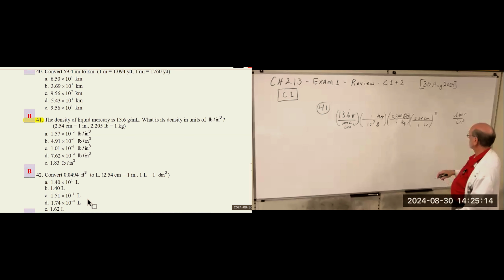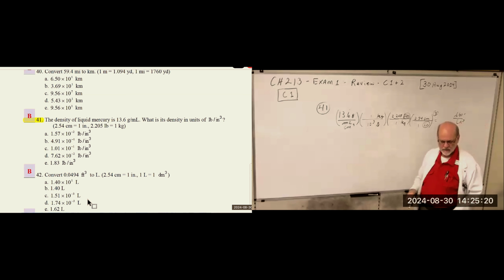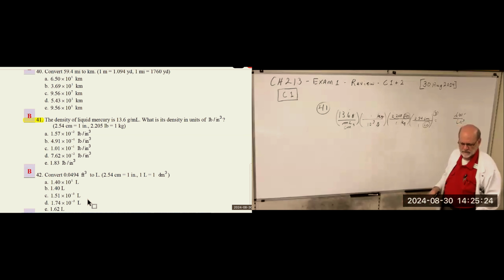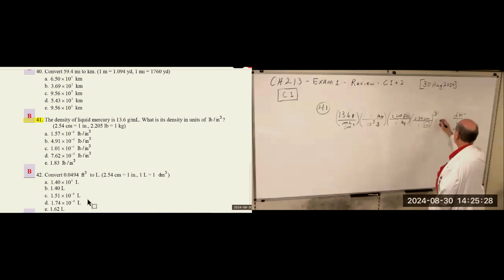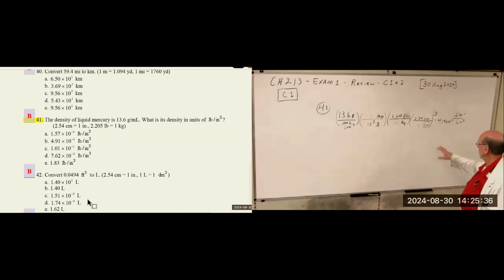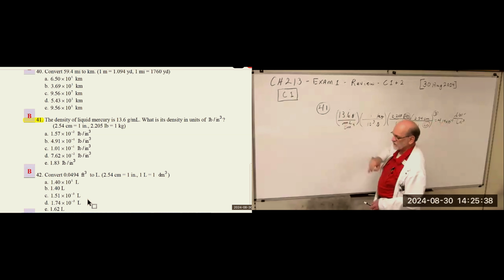And that should do it. That would give us cubic inch. In the interest of time, we should get an answer of 4.91 times 10 to the minus 1. We do the calculations. 3 significant figures.